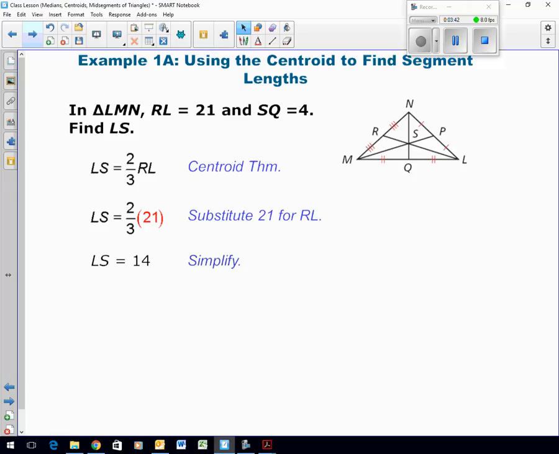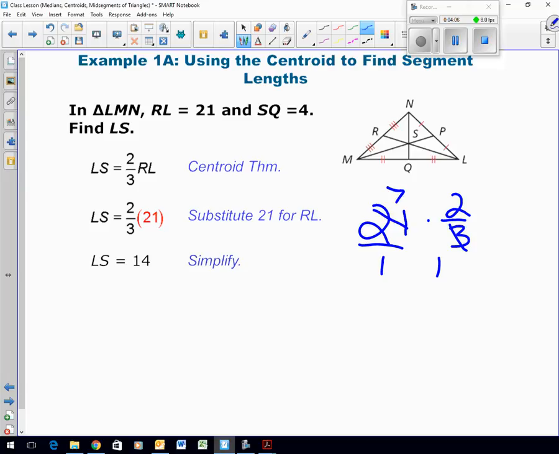If the entire distance from R to L is 21, that means the distance from L to S is 2/3 the total distance. Take 21, which is my total distance, and multiply it by 2/3. You can use calculators, or you can remember how to multiply fractions. 7 times 2 is 14. That's how I get that 14.